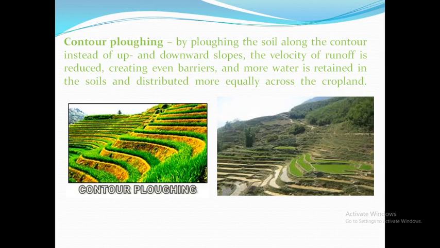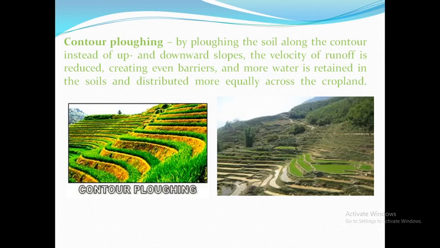Contour plowing is a soil conservation technique practiced throughout northeastern states such as Assam, Meghalaya, Tripura, etc. Other northern hilly states such as Himachal Pradesh and Uttarakhand also practice contour farming.